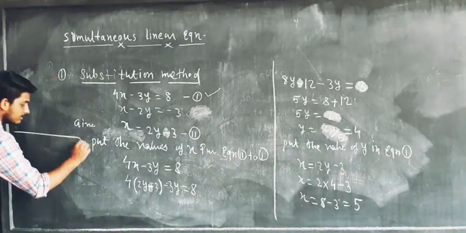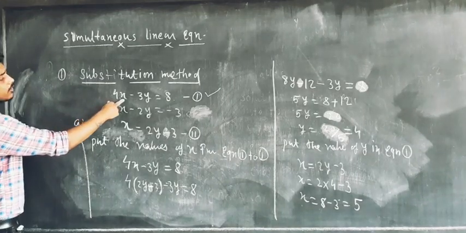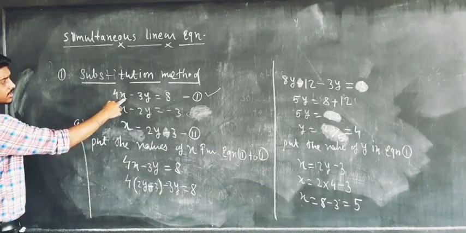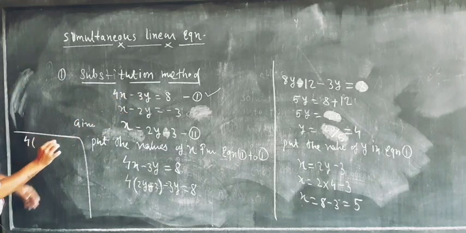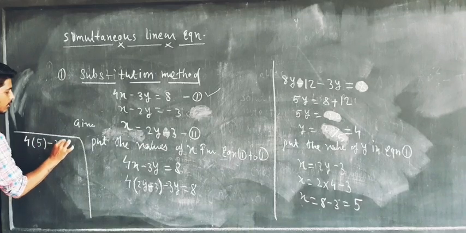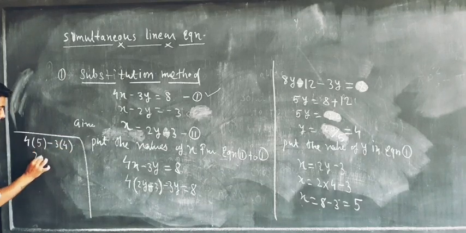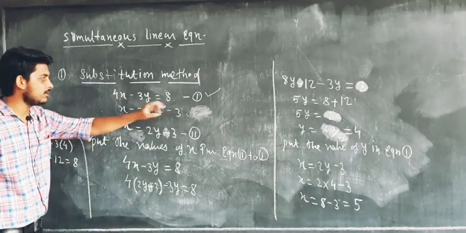How can we say these are the solution? See here. If I put the values of x and y in the first equation, we will get the answer 8. So 4 into the value of x, which is 5, minus 3 into 4. 4 times 5 is 20, minus 12. What do we get? 8, which is the right side of this equation.